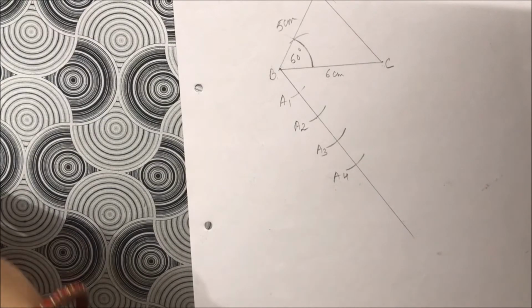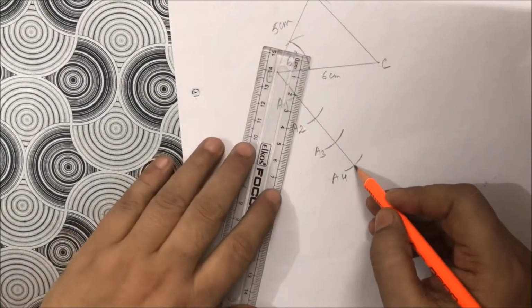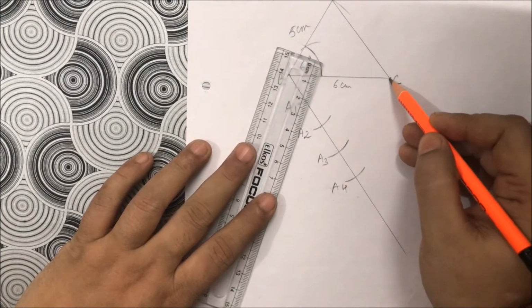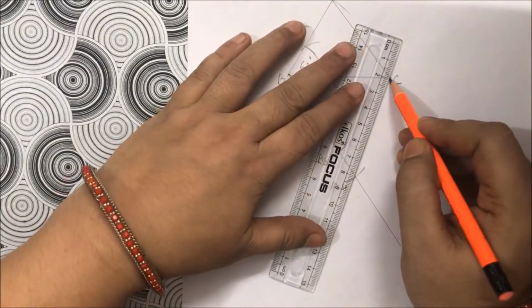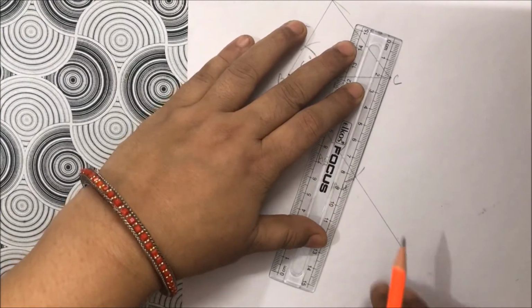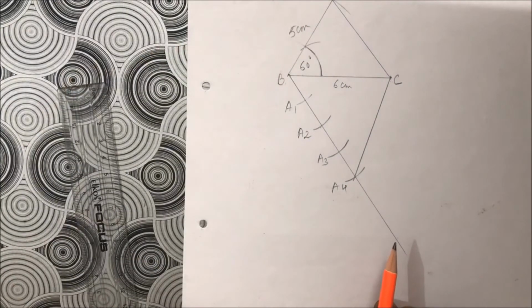Then join this last point to C. That means join A4 to C. A4 is this and C is this. Join them.